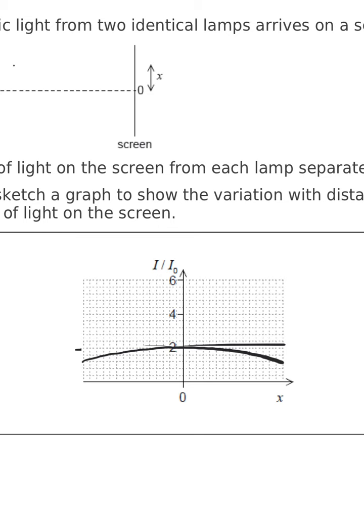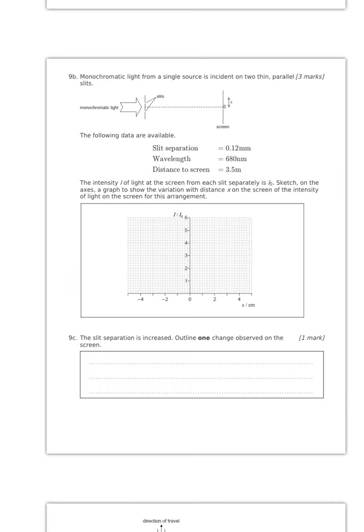Now, if we go to the next question, here's 9B, and in 9B, they've replaced the two lamps with slits. So now we're getting an interference pattern, but we still have two sources, and so we're taking the average intensity of 2 and making that into a series of crests and troughs.